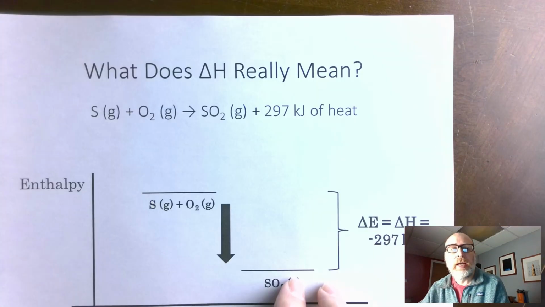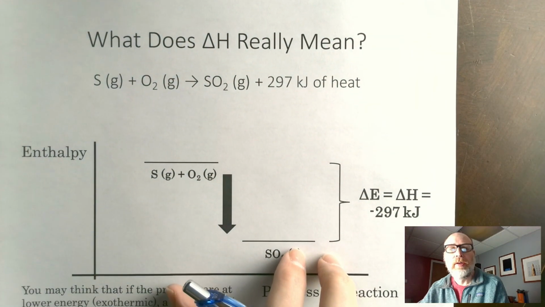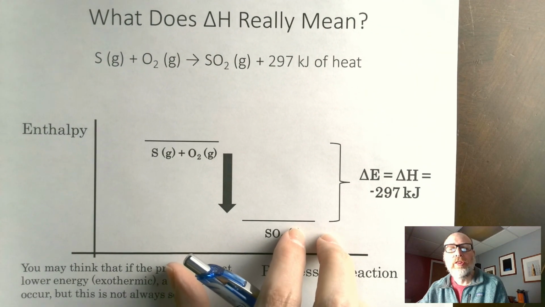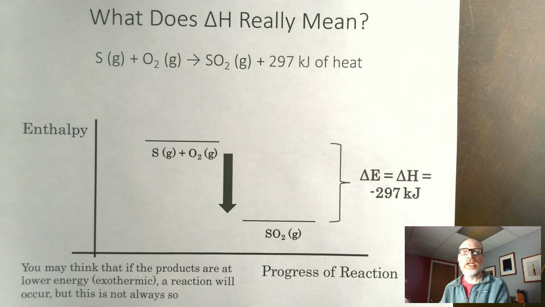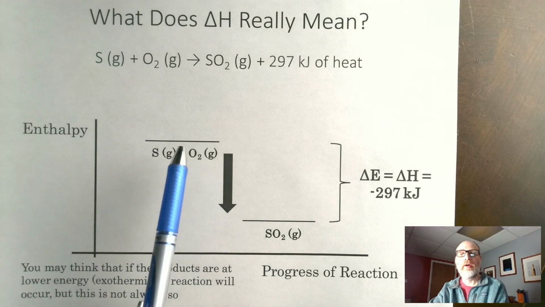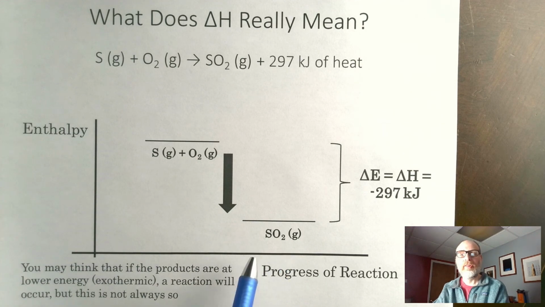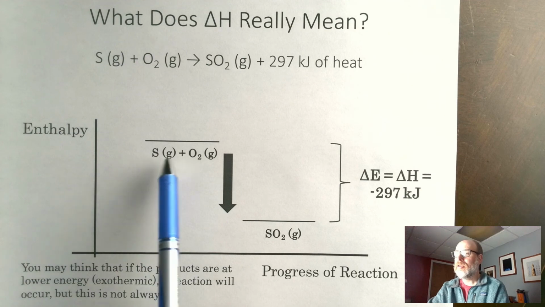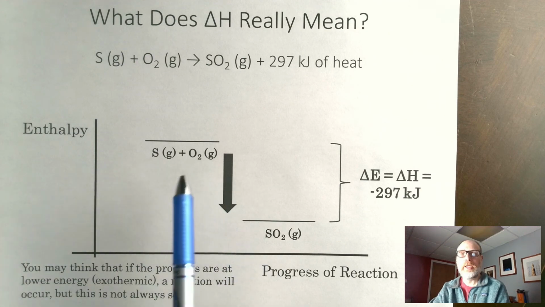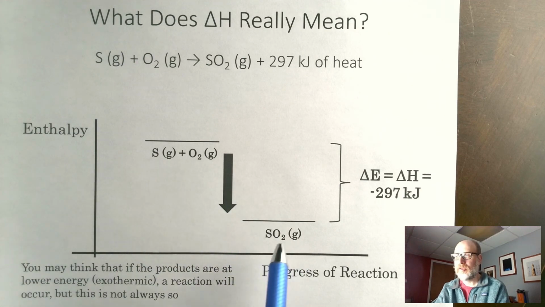So if we go back to our similar plot of enthalpy versus progress of reaction, now we're starting off with 2 reactants that are at a higher energy than the sulfur dioxide. In theory, it shouldn't take much pushing to get those reactants to react to produce that product, because the product's at a lower energy, and we know that things in nature want to get to this state of lower energy.